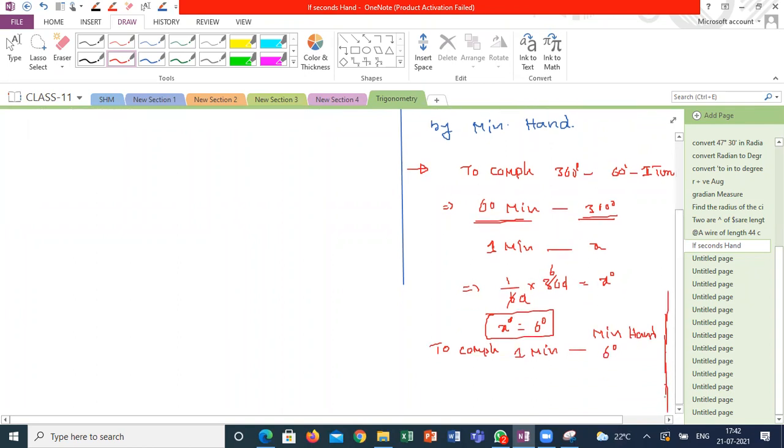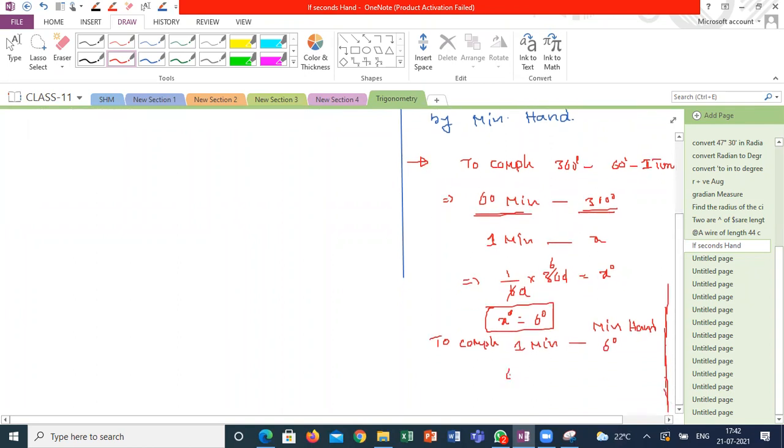So for 60 minutes, one full rotation: 1 minute, 6 degrees; 60 minutes, 360 degrees. That's the reason it is one complete turn. Is it clear, guys, how to use ratios and proportions here? You understand? Yes, sir.